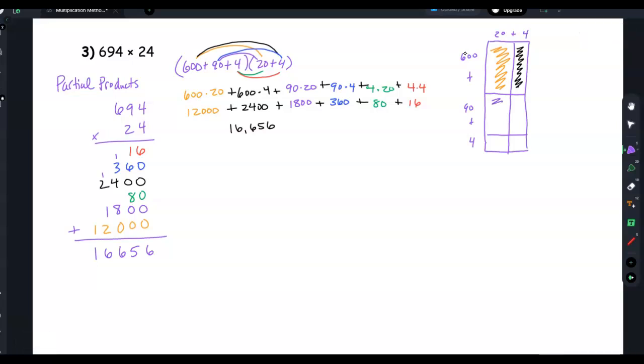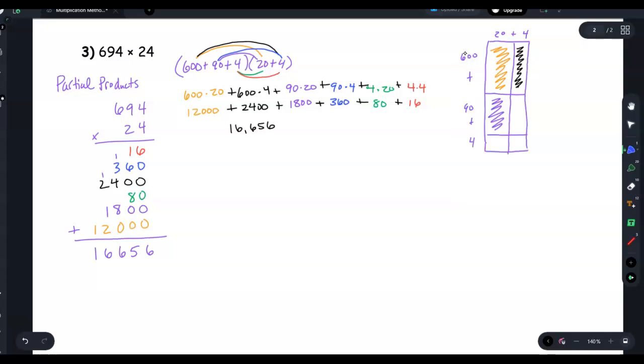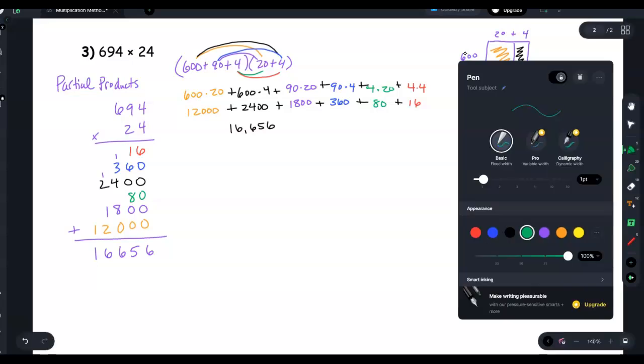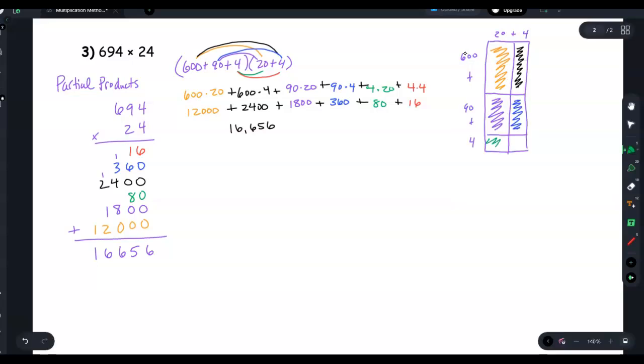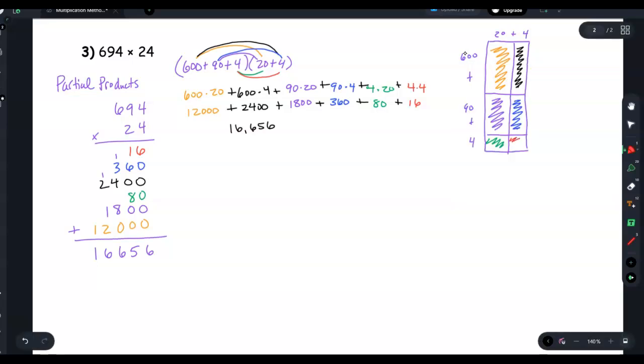And then 90 times 20 would be this one. 90 times 4 is this one. This one would be 4 times 20, and then that smallest one is going to be 4 times 4.